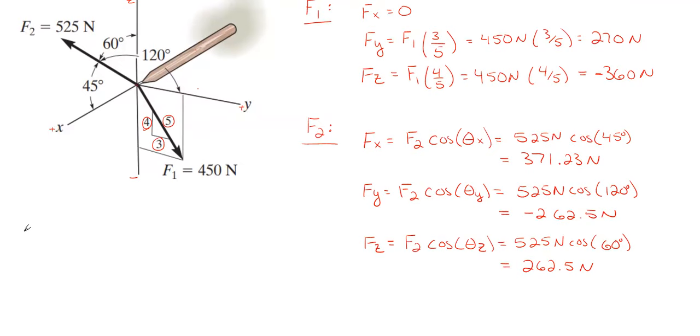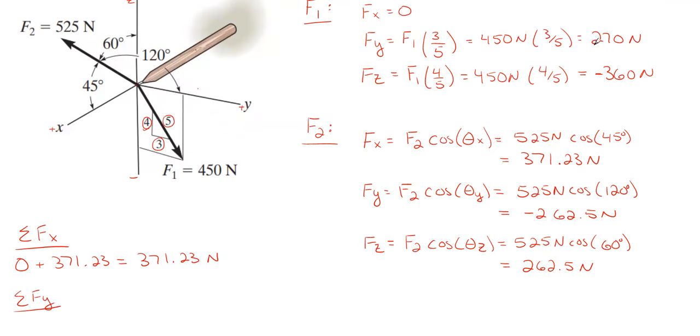So now what we're going to do is sum forces in each direction, just sum our components that we have. For F1, we have 0. For F2, we have a positive 371.23 newtons, which gives us 371.23 newtons. Then let's repeat that process for the y, summing in the y direction.